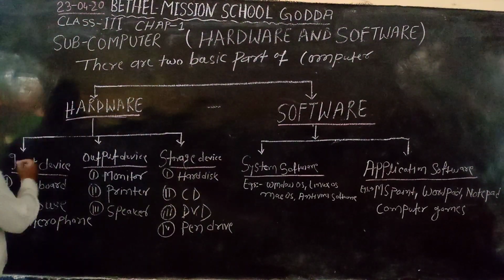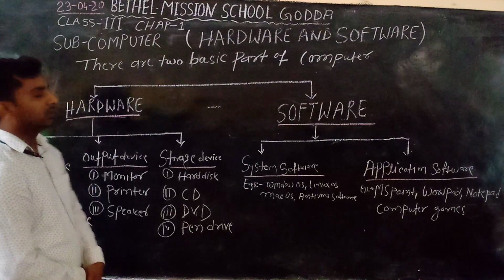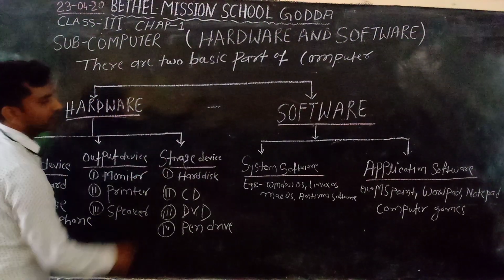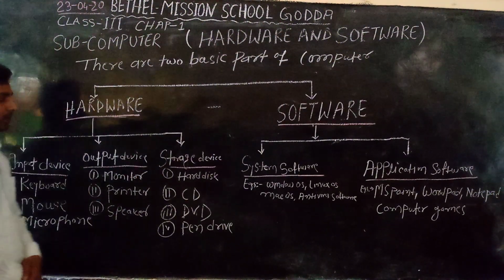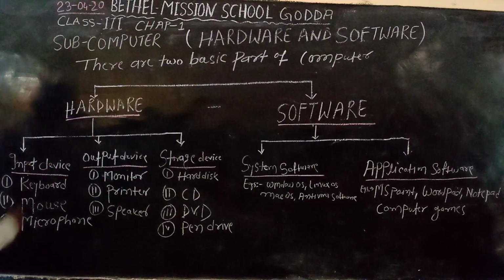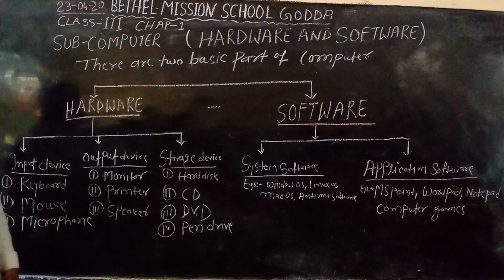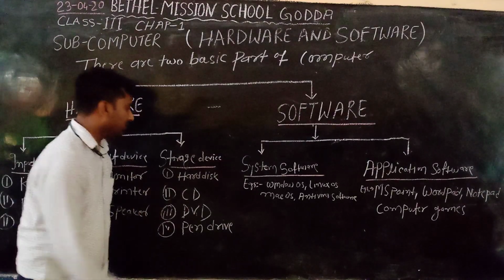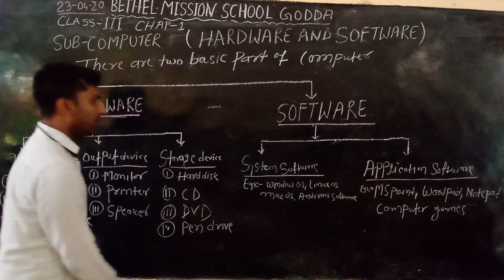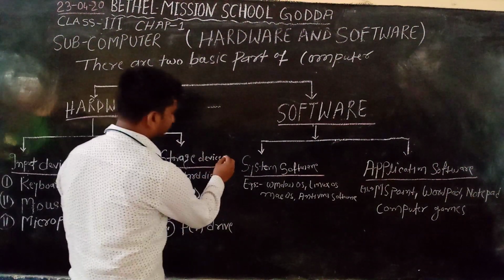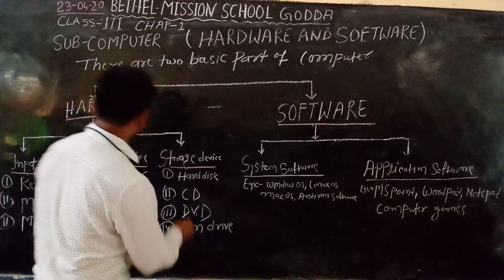Now, hardware is categorized into three parts. First, input device. Second is output device. Third, storage devices.